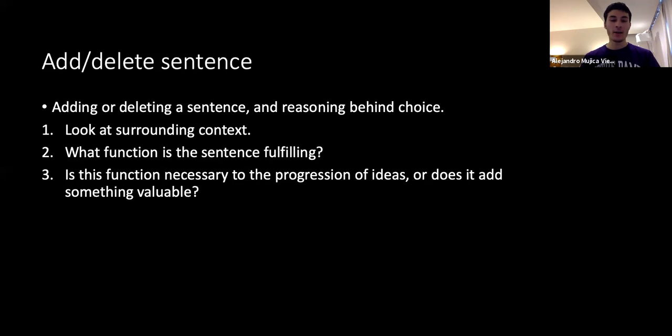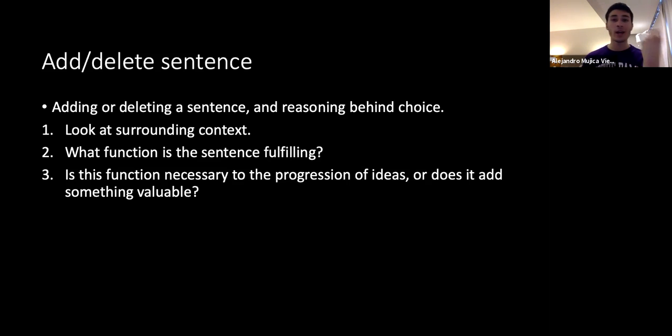Well, one of the clues to this is the placement. If it's at the beginning of a paragraph, it'll often be a transition. If it's at the end, it probably should be a conclusion. Then you look at, do we have those things already? So if it's at the beginning, if we have another transition, then we probably don't need this one.